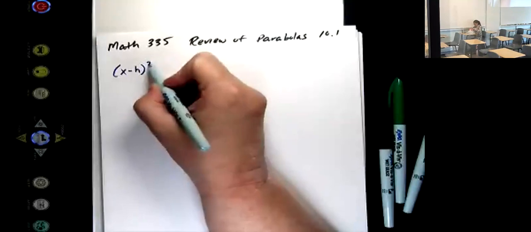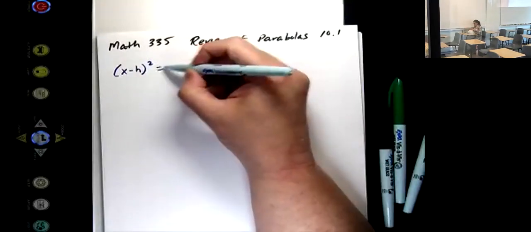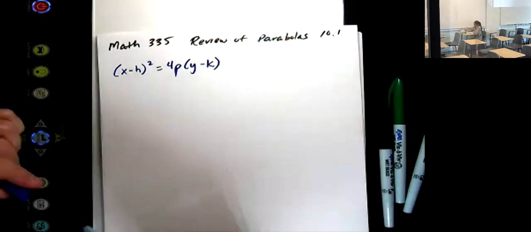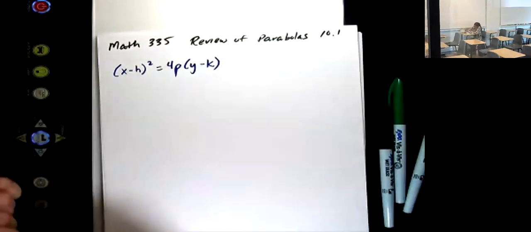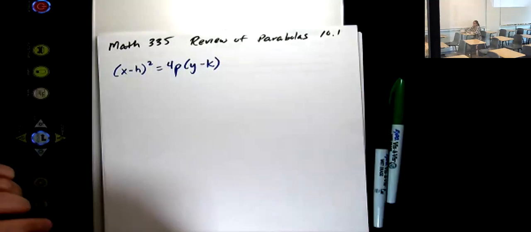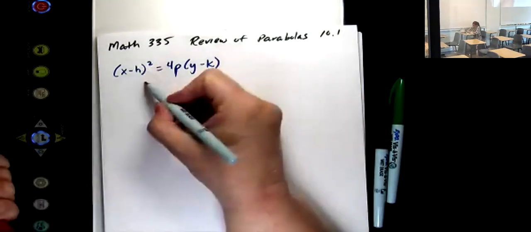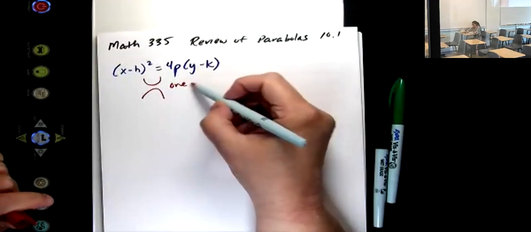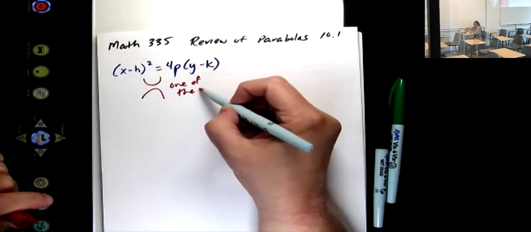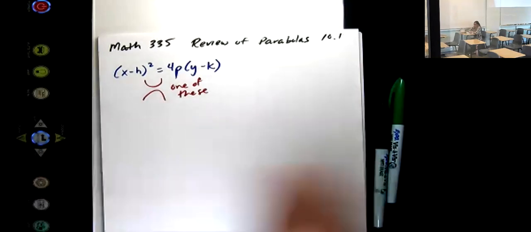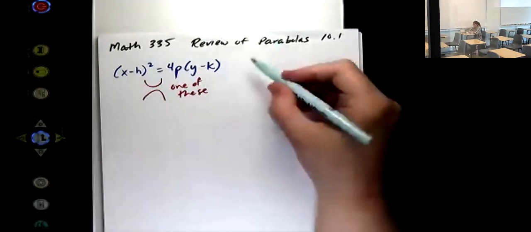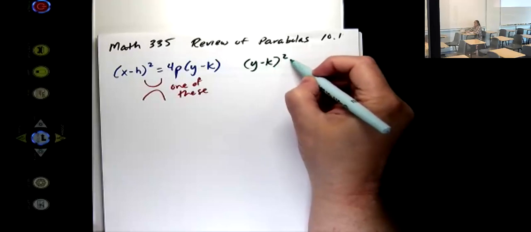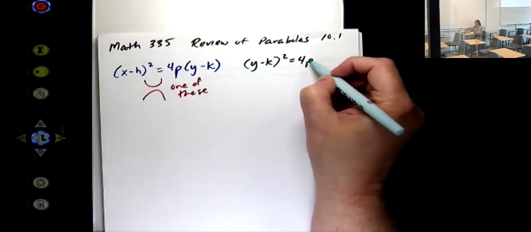We had (x minus h) squared equals 4p times (y minus k), and this opened either up or down. And the other variant was (y minus k) squared equals 4p times (x minus h).